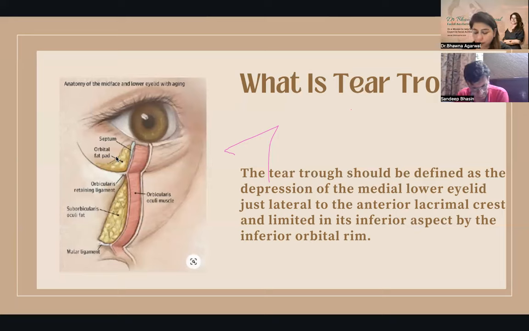So there are multiple fat compartments around the eye and they can contribute to the tear trough shadow. We have the post-septal fat, which herniates from the orbit with age and creates a shadow. There is SOOF, which atrophies with age and causes the shadow. And there is the mid-cheek fat pad, which atrophies and causes a shadow. So all the patterns of light and shade are darkest where we find the ligament.